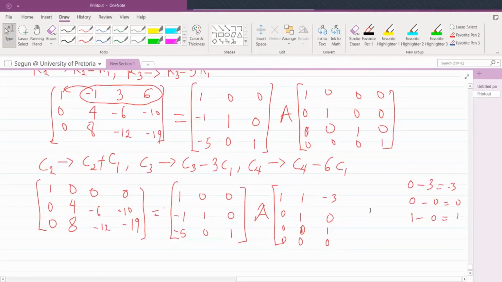Then for C4, we have 0, 0 minus 1 times 6, which is minus 6.